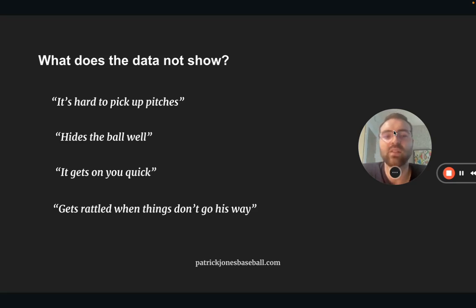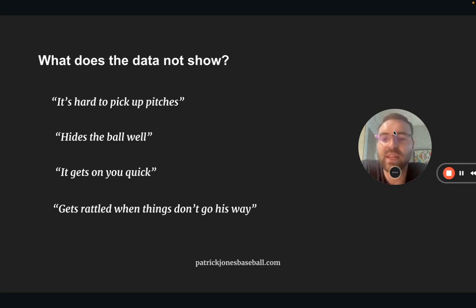But yet he's been in the league now for almost 10 years, even though he throws 85 to 87 miles an hour as a left-handed pitcher. And so he hides the ball well. It's funky, it's quirky, all of these things. None of these things show up on the stat sheet. So I think it's always important to have a few different bullet points of what doesn't show up on the stat sheet for you as a hitting coach.